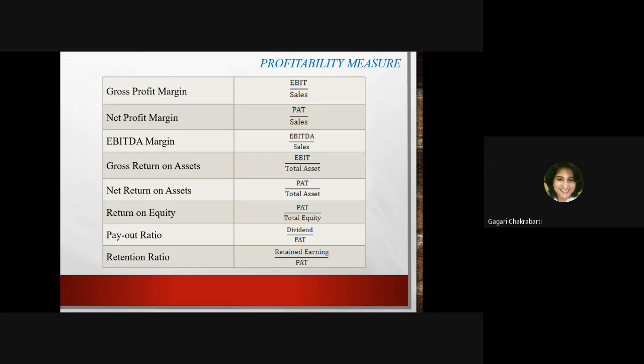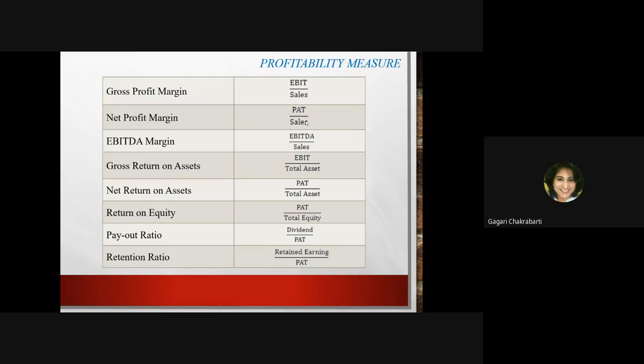Because whenever we are talking about a ratio, say gross profit margin, you are expressing EBIT in terms of the sales. So what proportion of sales, the total operating revenue, will be converted into EBIT? Similarly here, what proportion of the total sales will be converted into the profit after taxes or net profit?